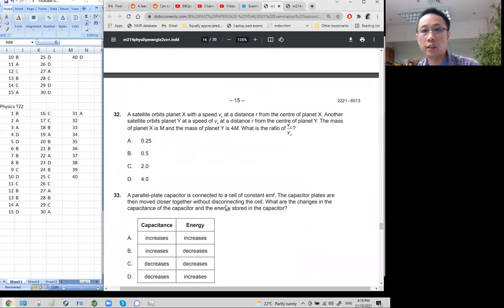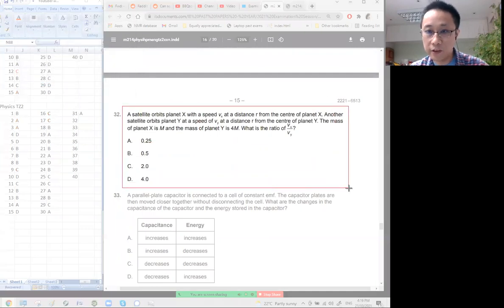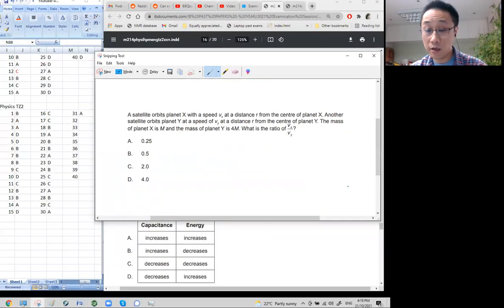Question 32, a satellite orbits a planet X with a speed at a distance r from the center of the planet. Another satellite orbits the same or a different planet at a different speed at the same distance from the center of the other planet.